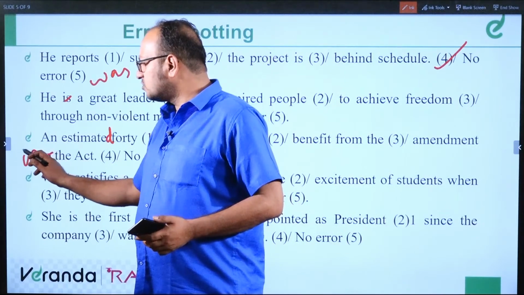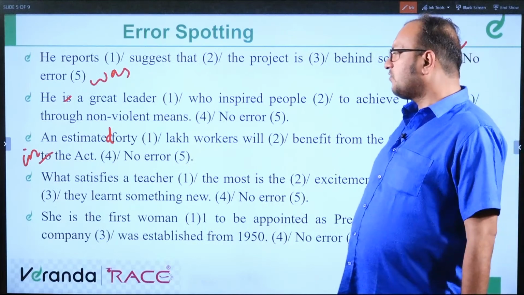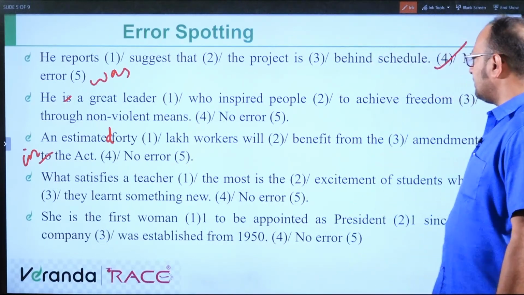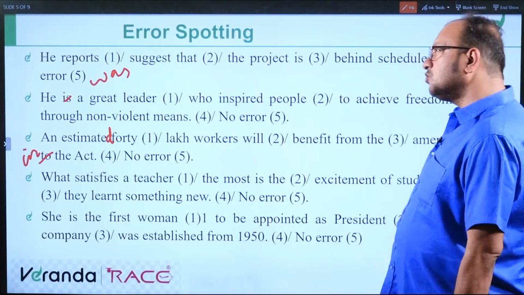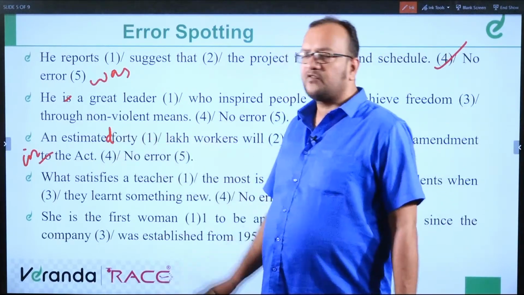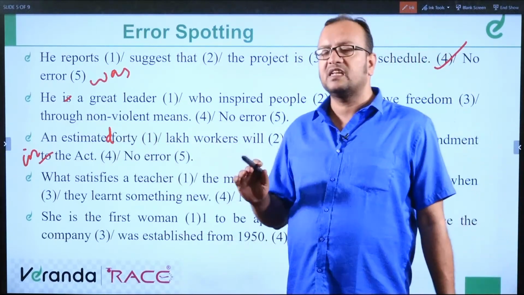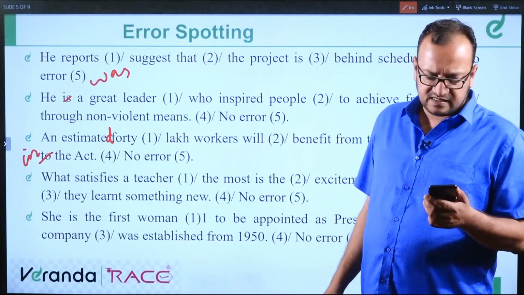So we have errors in two parts. No worry about that. Amendment in the Act is better. Amendment to the Act, there is an amendment in the Act. So in the Act will be better. So this question has two errors. No problem in that. At least we are able to identify there are errors, right?